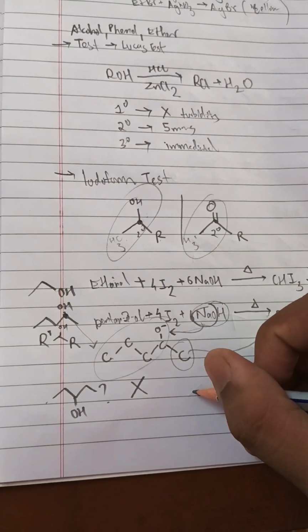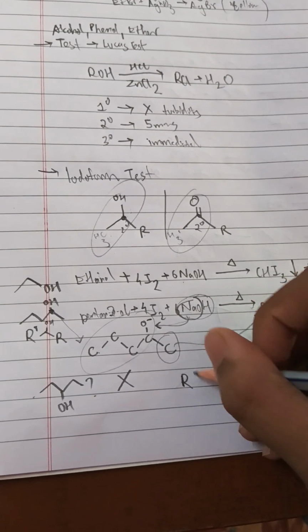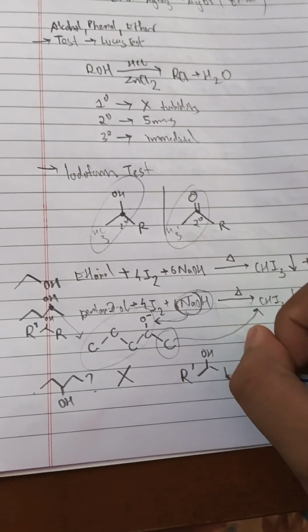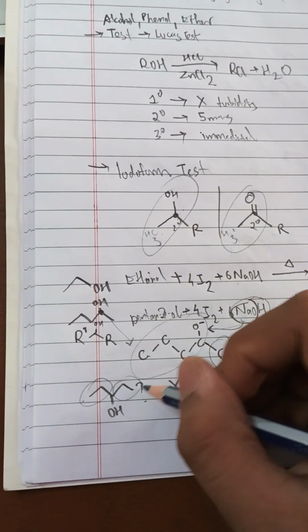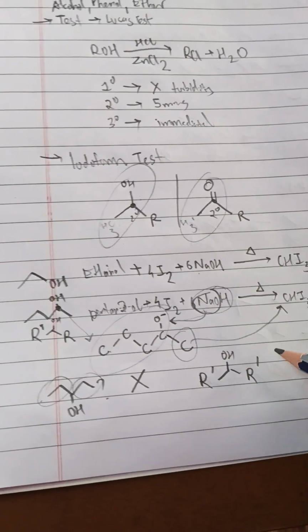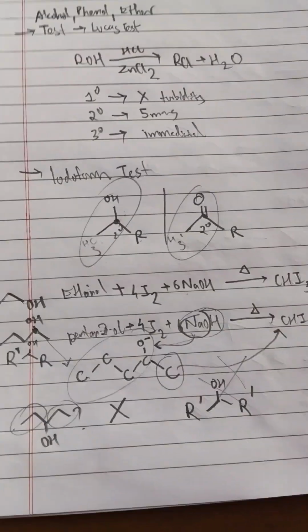Okay, I will tell you why now. Because it is having an R'-CH(OH)-R' group. As you can see, there is no CH3 group here. It is all ethyl and ethyl. R' is bigger. So this reaction won't work.